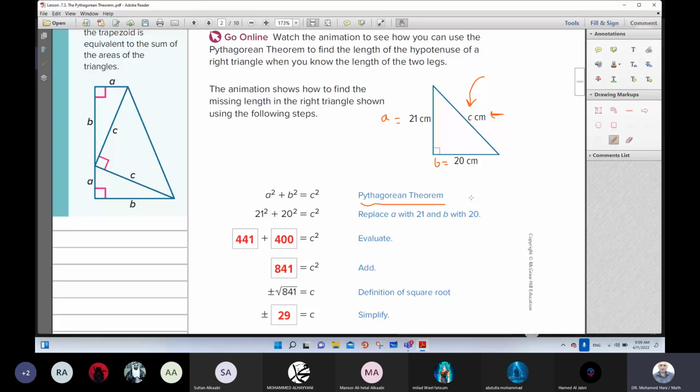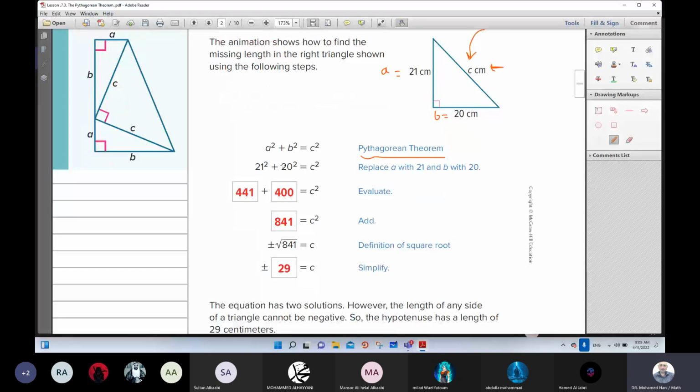The value of A is 21, so 21 squared, plus the value of B, which is 20, so 20 squared. 21 squared means 21 times 21, which equals 441. And 20 squared means 20 times 20, which is 400, equals c squared. You add 441 plus 400 and get 841 equals c squared.